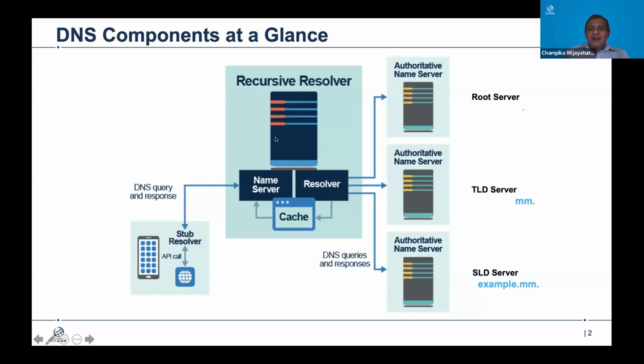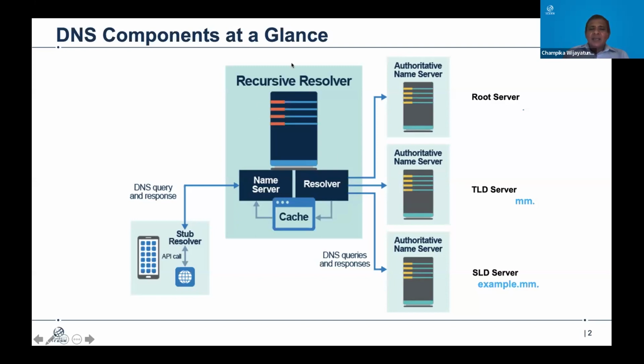As we explained earlier, the recursive resolvers run by ISPs, mobile operators, public DNS servers and so on send queries to these authoritative name servers, get the response, find the answer, and the answer is returned to the client.